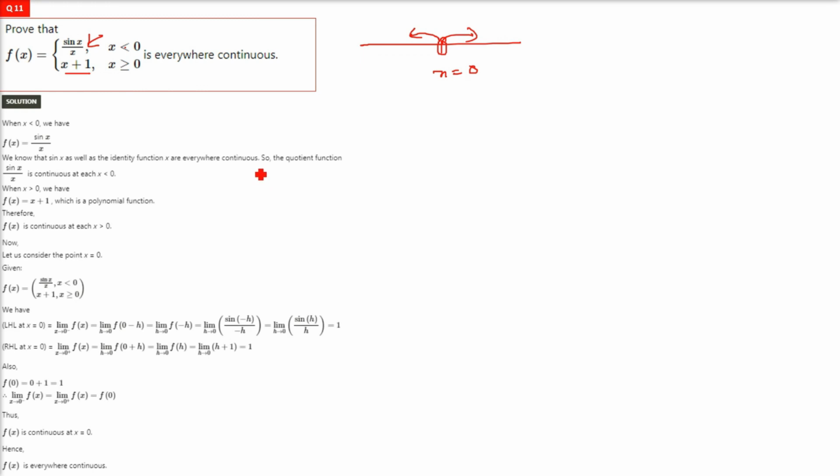The first thing is, individual functions we have to see. First is sin x, and it is divided by x. So this is p by q form, a quotient function. Now we have just discussed that sin x is continuous everywhere. Sin x is divided by x, which is an identity function.